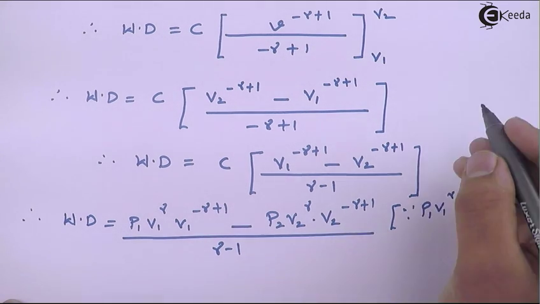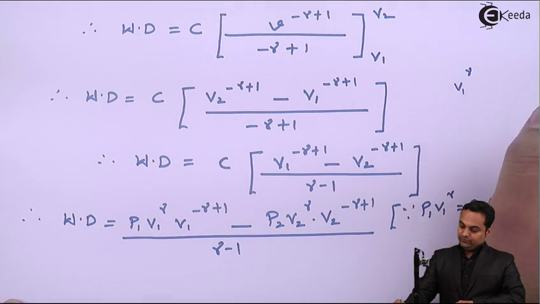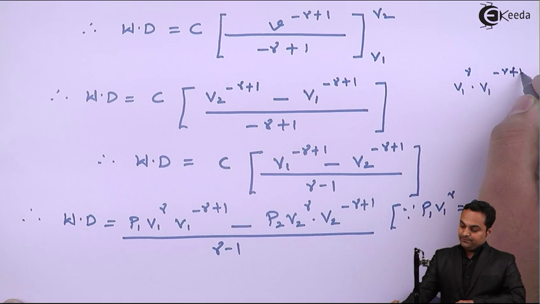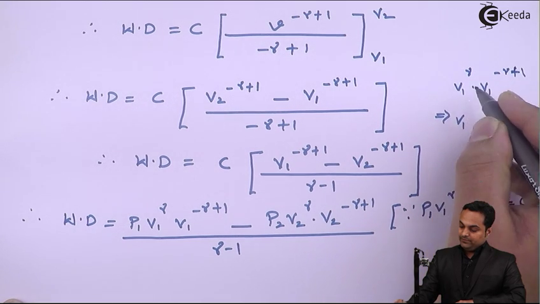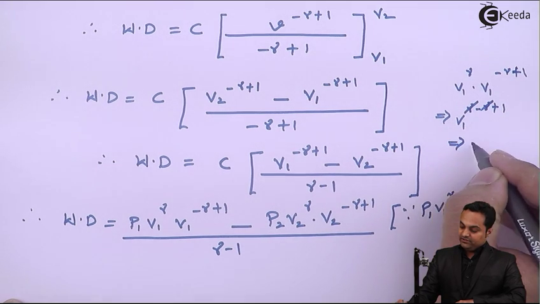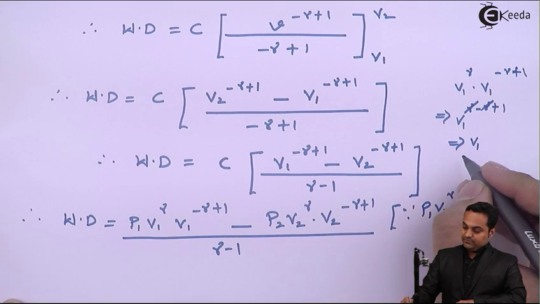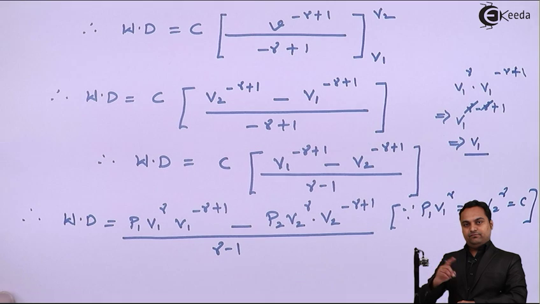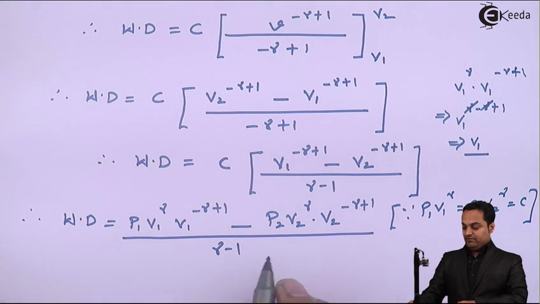Now when I simplify this, V1 raised to gamma into V1 raised to minus gamma plus 1, here gamma, then this will be minus gamma plus 1. So plus gamma minus gamma will get cancelled out. We have V1. Similarly for V2, this will be gamma minus gamma, both of them will cancel out, and this will be only V2.